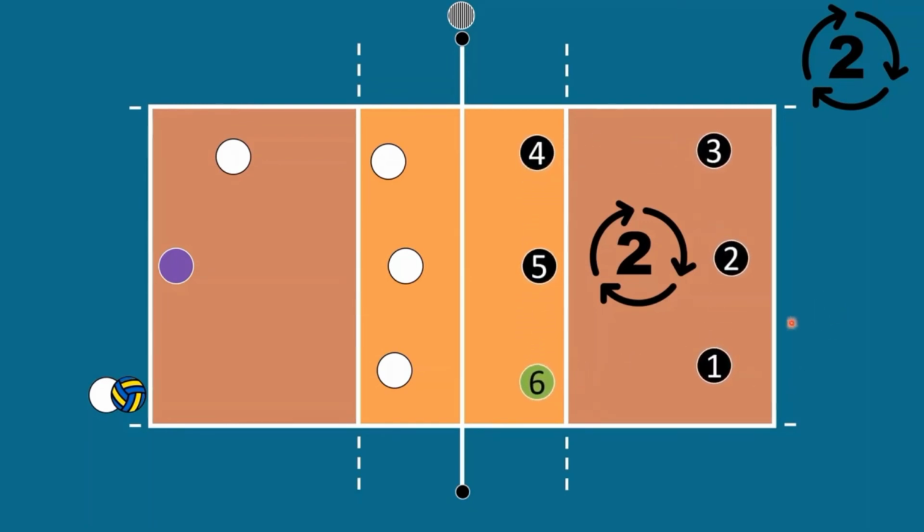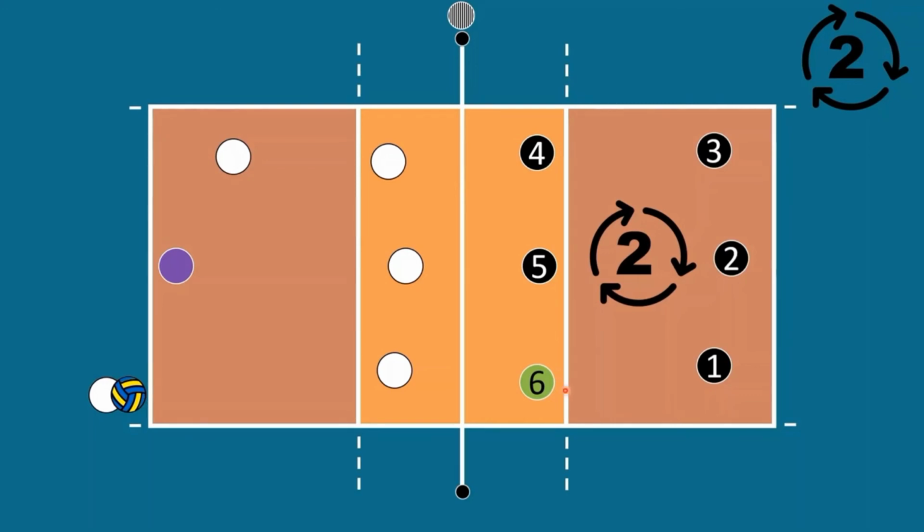Now the libero, who is dressed differently, cannot play in the front zone. That's the restriction on the libero. Now the benefit of the libero is that the libero can substitute n number of times and it doesn't count as a substitution. There are a limited number of substitutions a team can do, and libero substitution doesn't count.